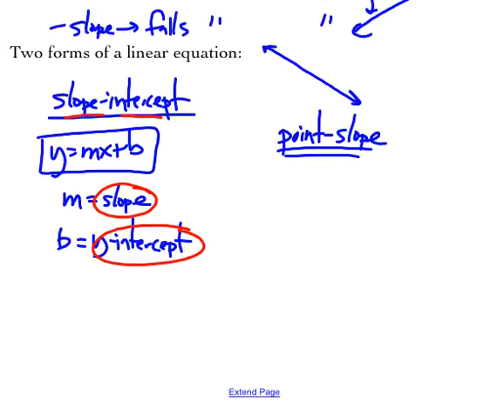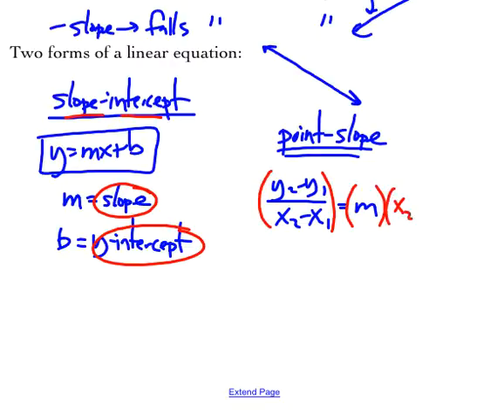So what we're going to do, we're actually going to derive this guy. We're going to start with our basic idea of the slope between 2 points. We're going to start with that generic definition, y2 minus y1 divided by x2 minus x1. Of course, that's equal to our slope. And what we're going to do with that, guys, we're just going to multiply both sides of this by x2 minus x1. So we're just going to do a little bit of algebraic manipulation here on both sides.